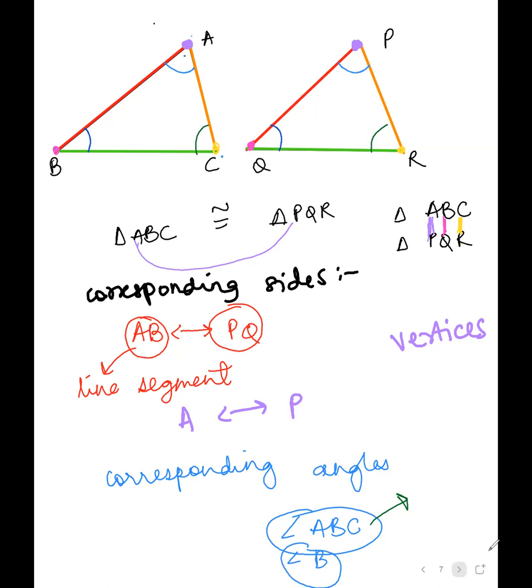No. But how can we name the second triangle? Sorry, which one? The second triangle. PQR. In triangle PQR, you were talking about the triangle PQR? Yes. Okay, what do you want to name over here? QPR. Yes, very good.